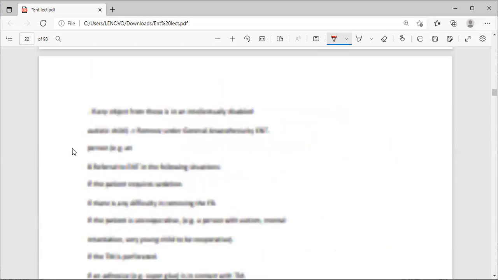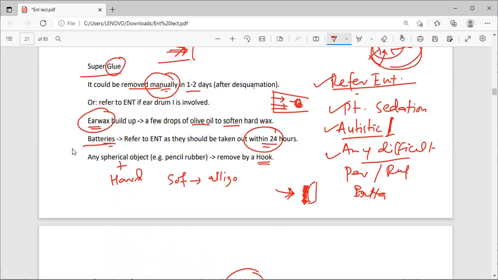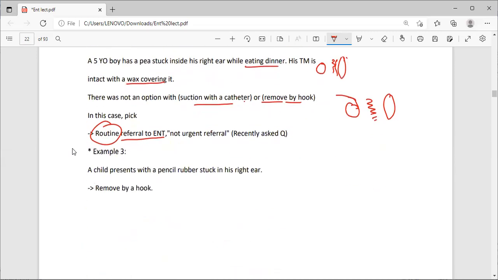I told you that with any difficulty, if you are not able to suck it out or remove it, refer.